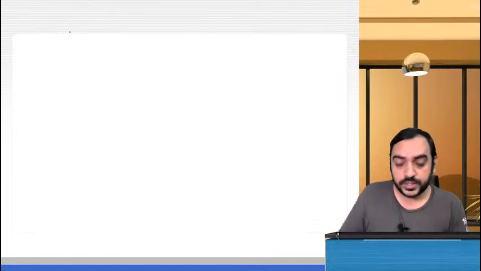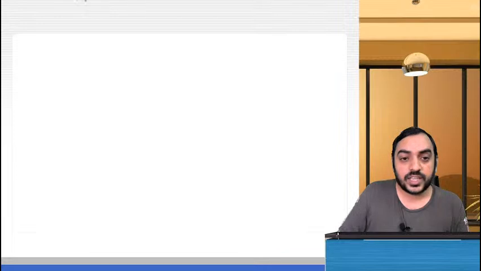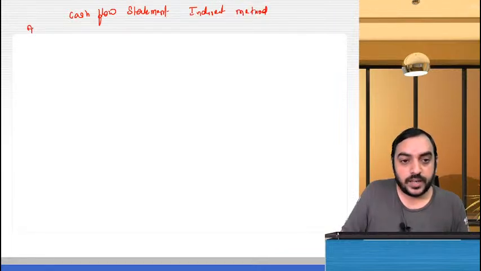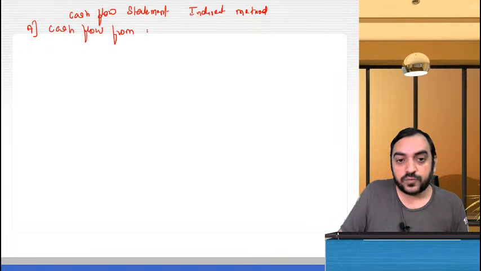Okay. So, cash flow statement under indirect method. Let's give the heading: cash flow statement, indirect method. First I will be having cash flow from operating activities.